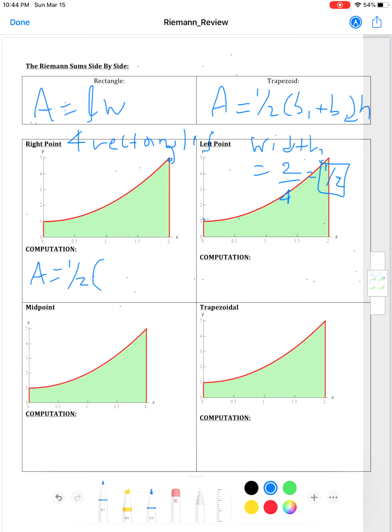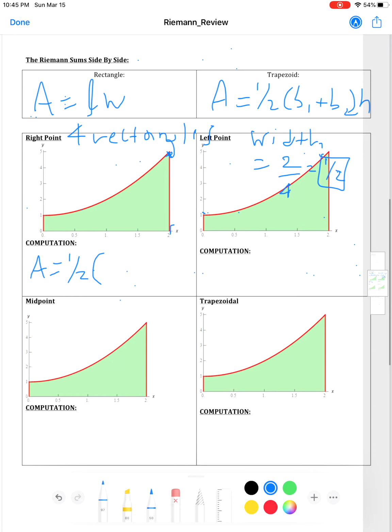So if I'm starting on the right point, when I look at this right interval here, I'm going to choose between 1.5 and 2. I choose 2 and its y value. And then I'm going to choose between 1 and 1.5, 1.5's y value. So maybe, let's see, that y value is 5.